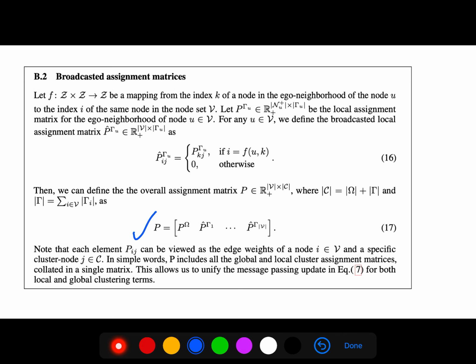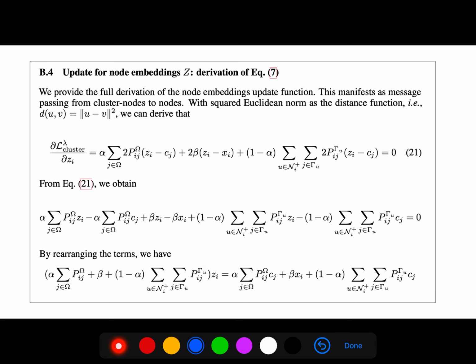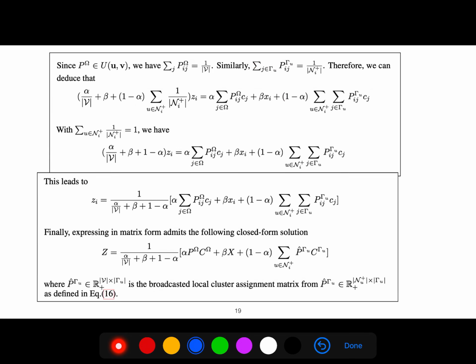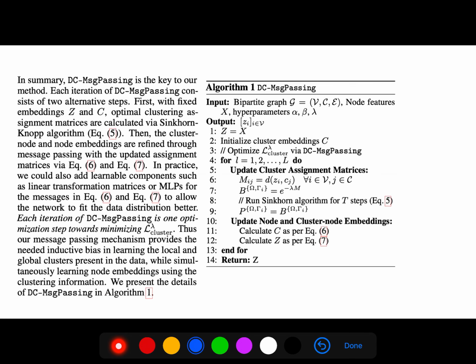You can see it in a single matrix. And then in the appendix, they showed the derivation of the node embeddings update function. So we calculate cluster assignment, node embeddings, and finally return the node embeddings.